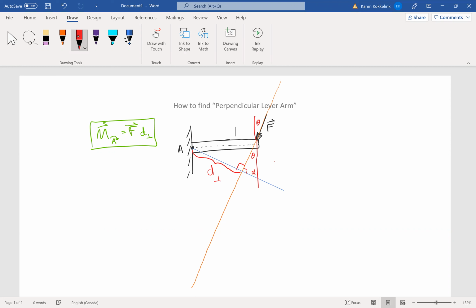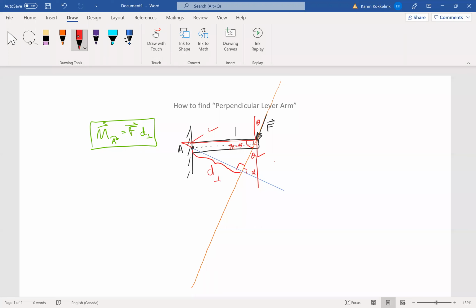You would know alpha, and then you would be able to figure out the angle here, because you know theta and you know this is 90 degrees in here. So this would be 90 minus theta. In which case you would also know this angle up here.